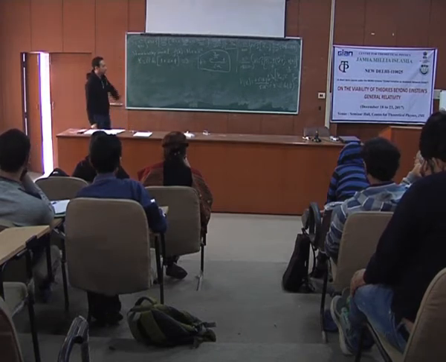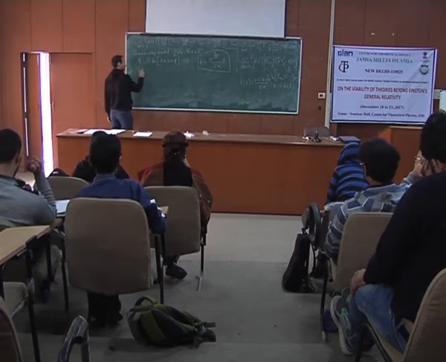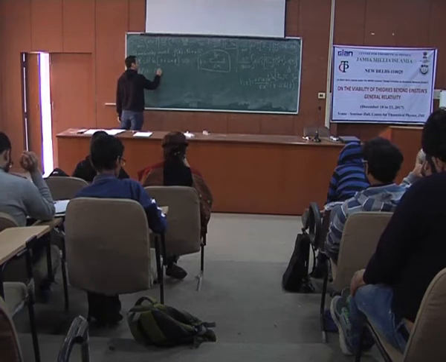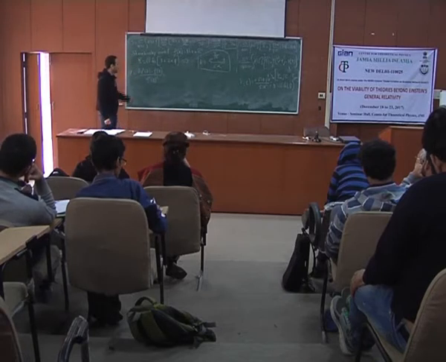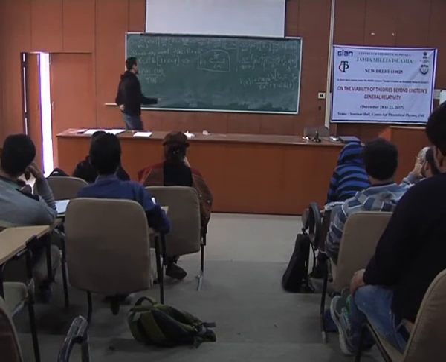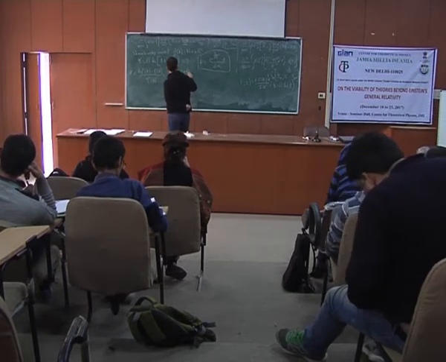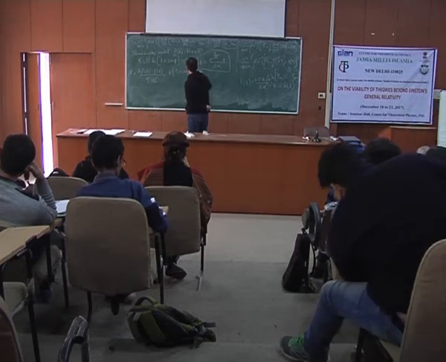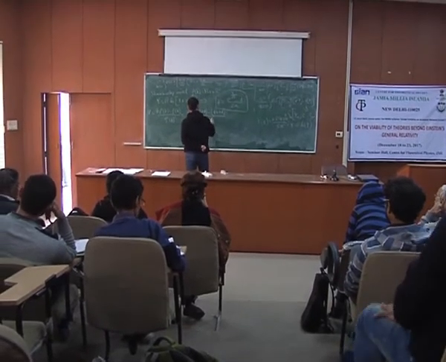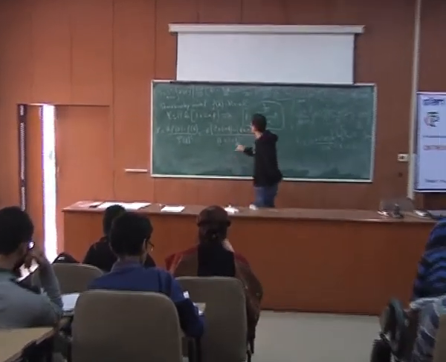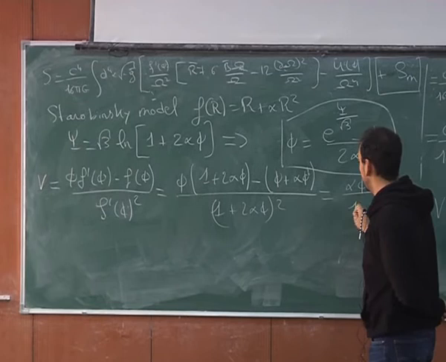And the potential is just phi f prime minus f of phi, divided by f prime of phi squared. So I replace phi by what it is. F prime is 1 plus 2 alpha phi, minus phi plus alpha phi squared, divided by 1 plus 2 alpha phi squared. The phi disappear. 2 alpha phi squared minus alpha phi squared is alpha phi squared, divided by this.